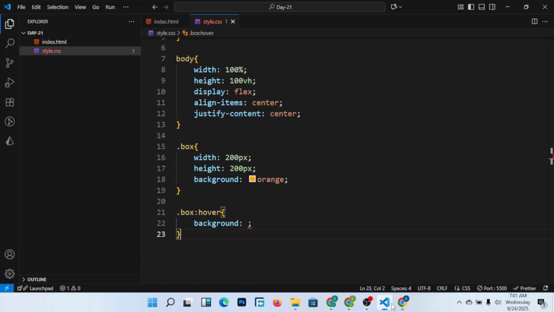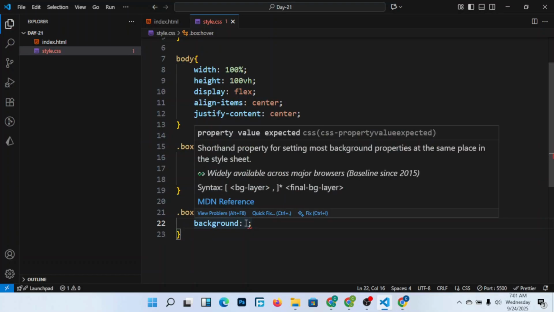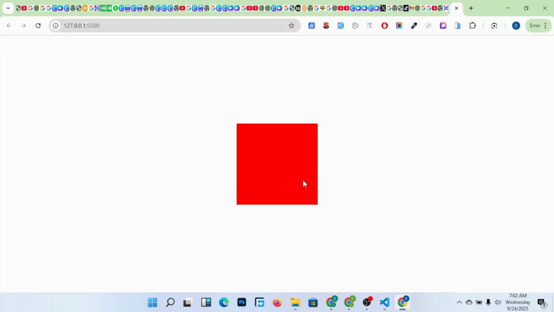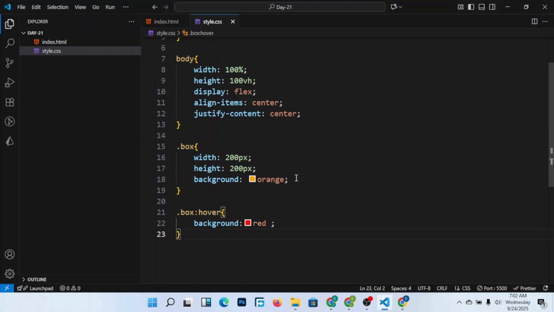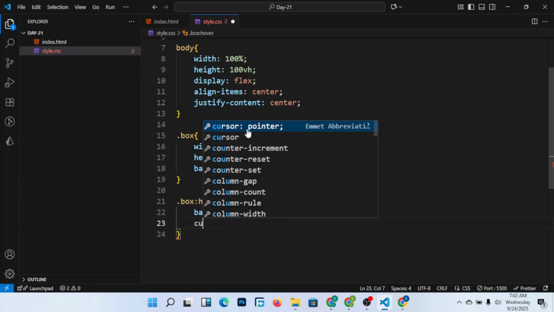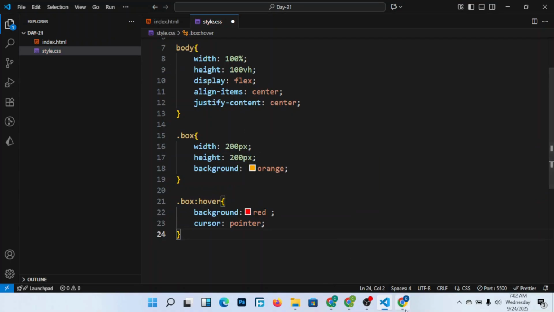It's there. So when I say background, when I hover on it, it should become, for example, red. When I hover like this, it becomes red. Are you seeing this? So when I hover, I want even cursor pointer.